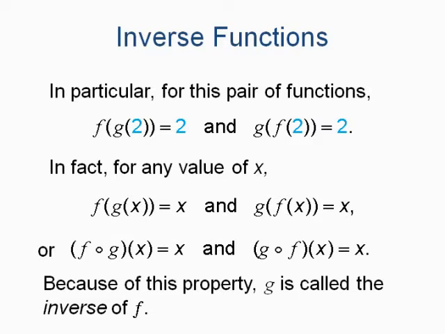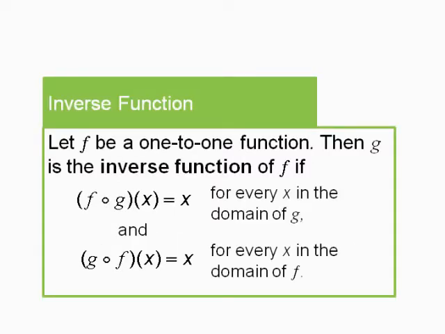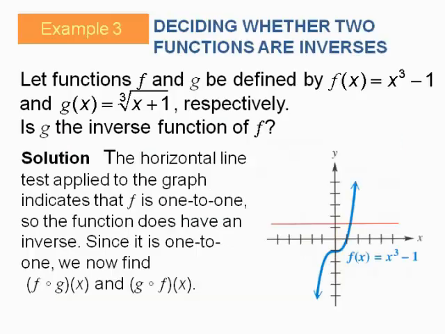So if f of g gives us x and if g of f gives us x, the composition functions, because of this property, g is called the inverse of f, and f is called the inverse of g, whenever this happens. So here is the algebraic test for inverses. If you have two functions, f of x and g of x, if you plug g in for f and get x and f in for g and get x, you are talking about inverse functions, ladies and gentlemen.